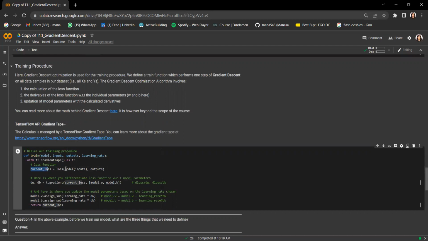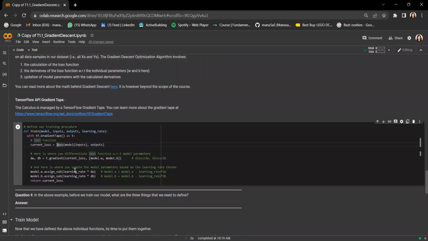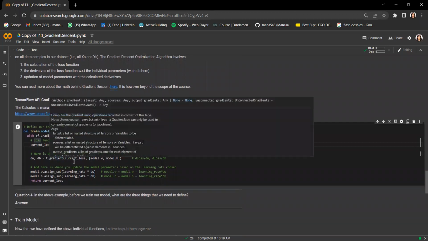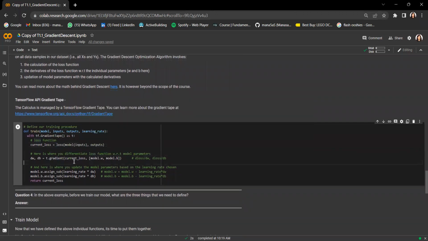So we perform model of inputs, which gives us our predicted outputs, and then we calculate loss between our predicted outputs and our ground truth value outputs. After that, there is some sort of calculus that's involved in the whole backpropagation procedure, where you calculate the gradients of our loss with respect to each of the parameters that we need to estimate. In this case, it's W and B.